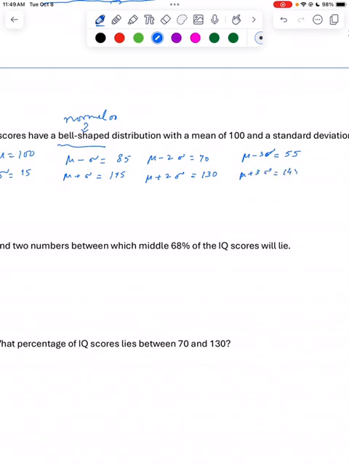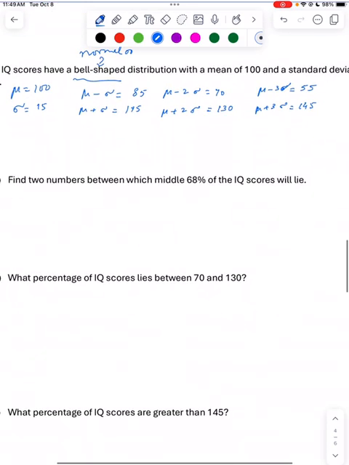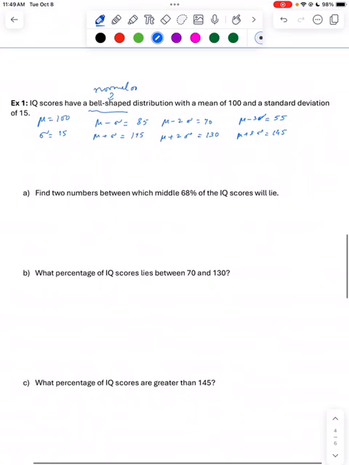Okay, so now keeping this in mind, I can answer these questions. It says find two numbers between which the middle 68% of the IQ scores will lie. So remember, it's always a good idea to draw these normal curves so that you understand what you are doing. You will draw this and shade this.